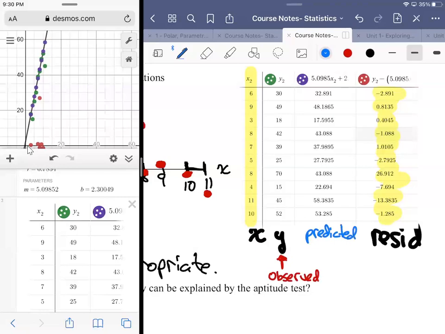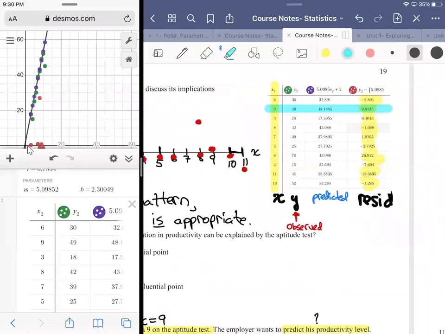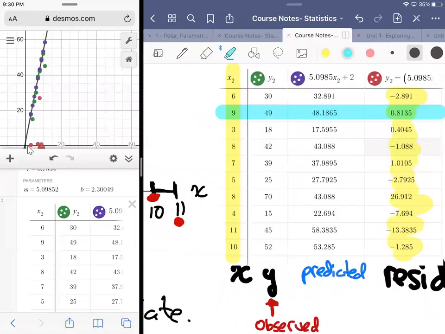So if you have this whole table already taken care of, then all you have to do is cross-reference and see. They said an X value of 9. All right, so what does that correspond to in the table? It corresponds to a predicted value of 48.1865.